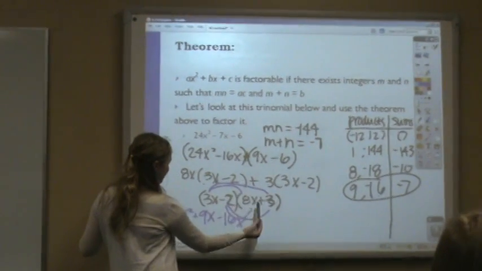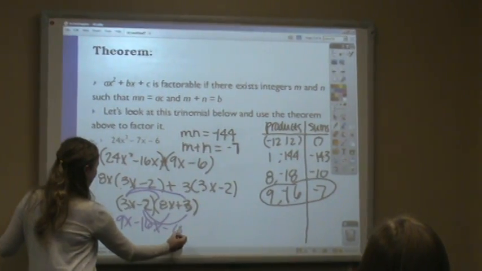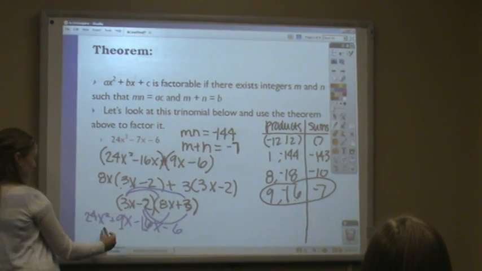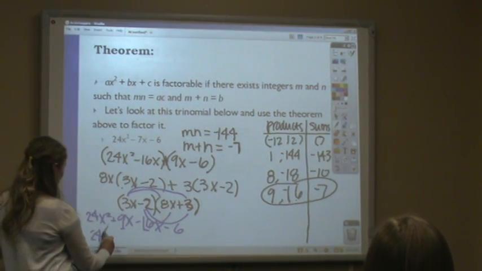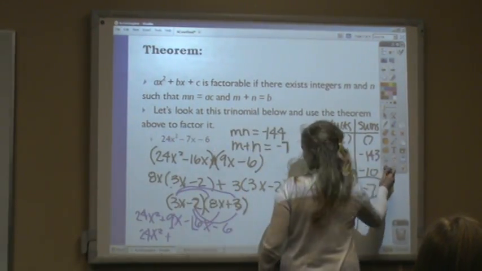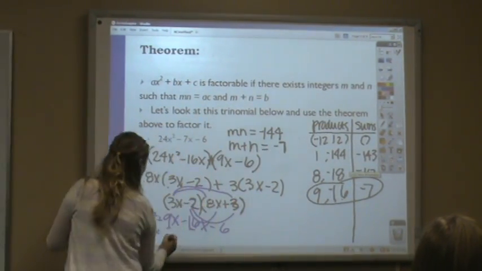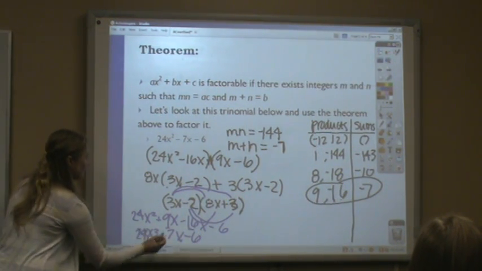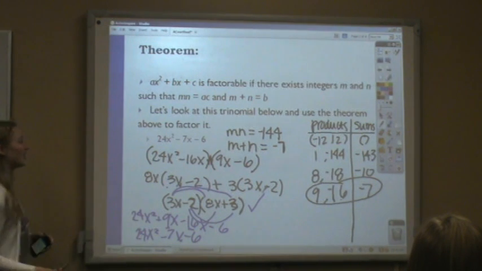And negative 2 times 3 is minus 6. And so we have our m and n terms, but if we combine them, we get negative 7, yes, our b term. And we have our answer, so we know that this right here works.